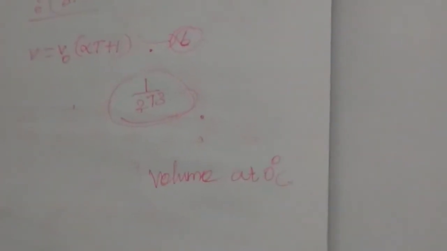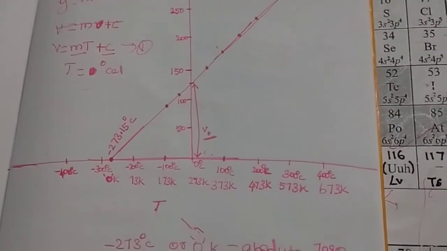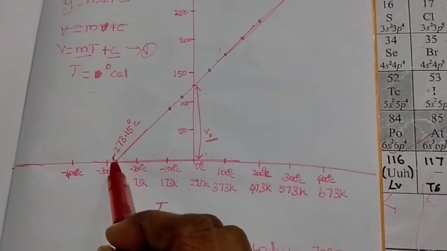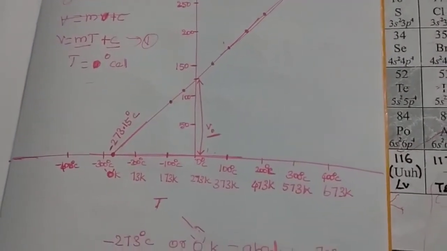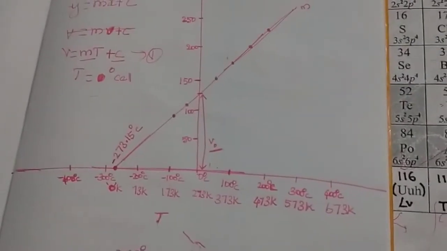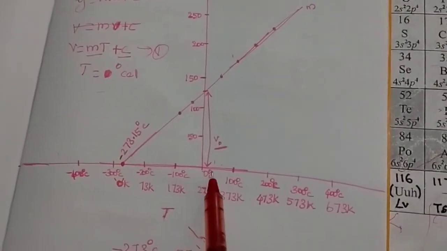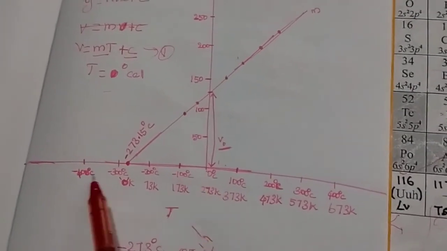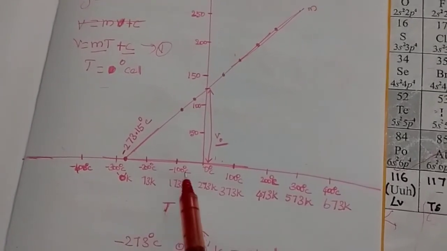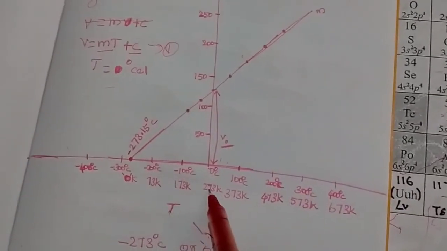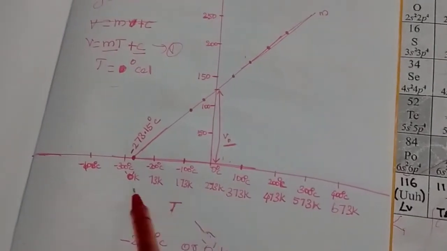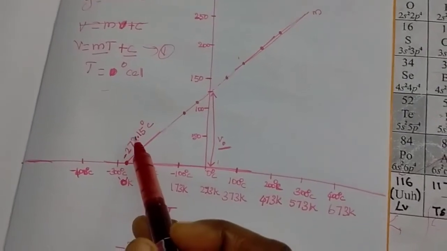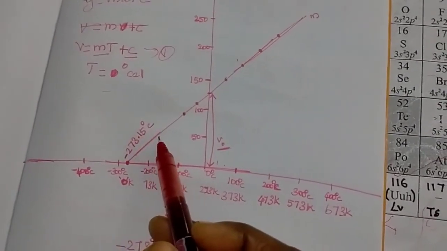The graph explains that 0 Kelvin is at minus 273.15 degrees Celsius. After 0 degree Celsius, we have negative values. When 273 Kelvin becomes 0 Kelvin, that indicates a temperature of minus 273.15 degrees Celsius.